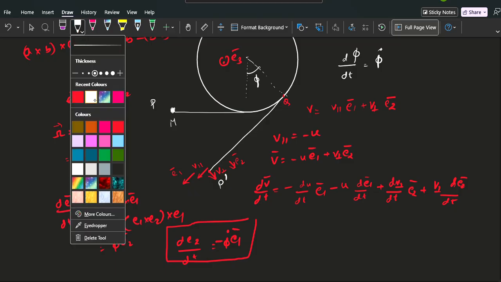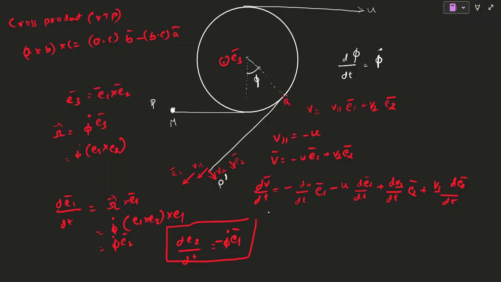Now coming back to the problem, du by dt will come out to be 0. Now this term will come out to be minus u phi dot e2 plus dv perpendicular by dt e2 plus v perpendicular into minus phi dot e1 vector.